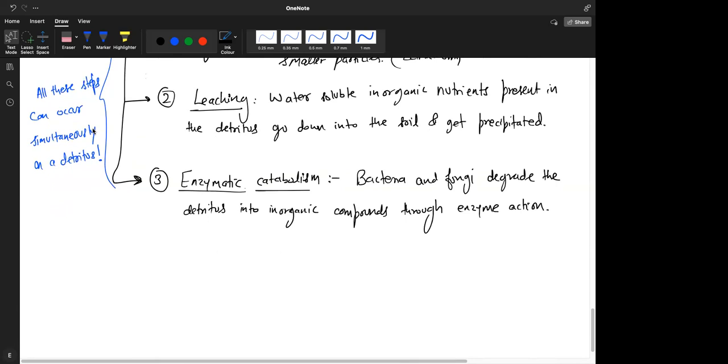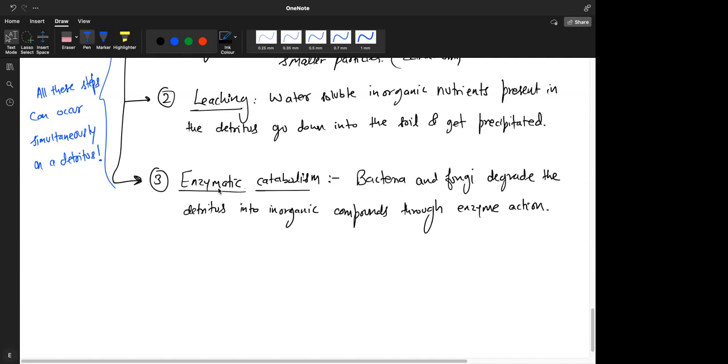So let's talk about that. I was saying that some detritus is resistant to microbial action, and it's called humus. And humus makes the soil more fertile, as we know from our junior classes. Humus is what farmers buy and add to their fields and crops, or humus can even be formed by the farmers in the long run.